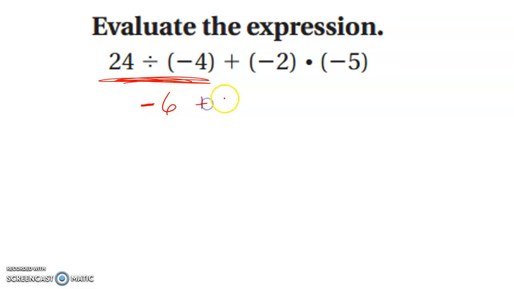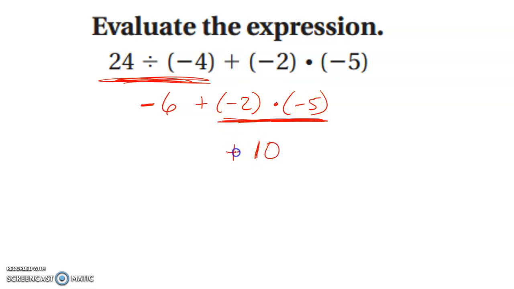And I bring everything else down. Now I have addition and multiplication left. I did multiplication next. See how I underline it so I know what I'm doing? So negative 2 times negative 5 is positive 10. Now I have negative 6 plus 10. Different signs, so I'm going to subtract. I get 4, and there's more positives. So positive 4.